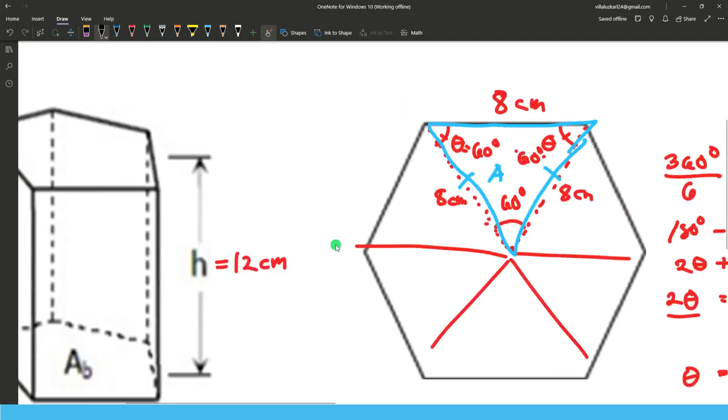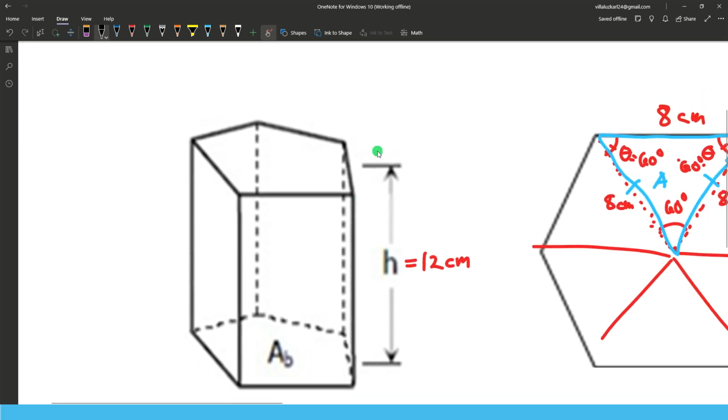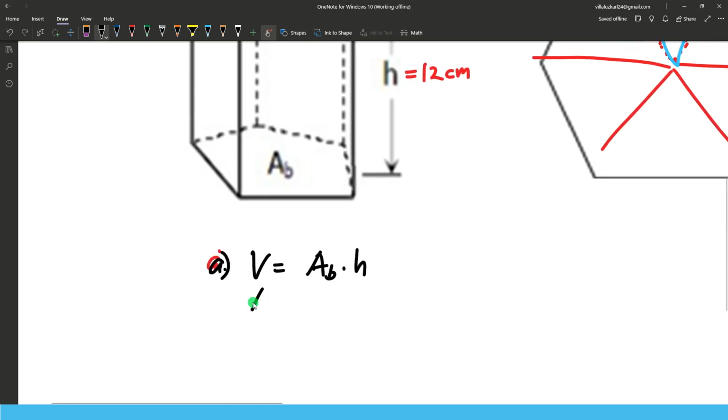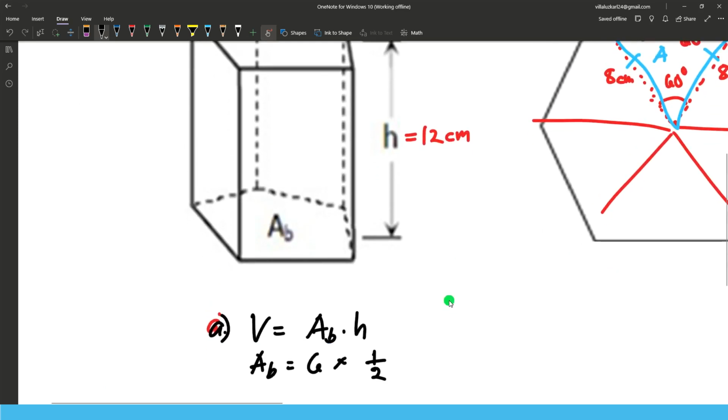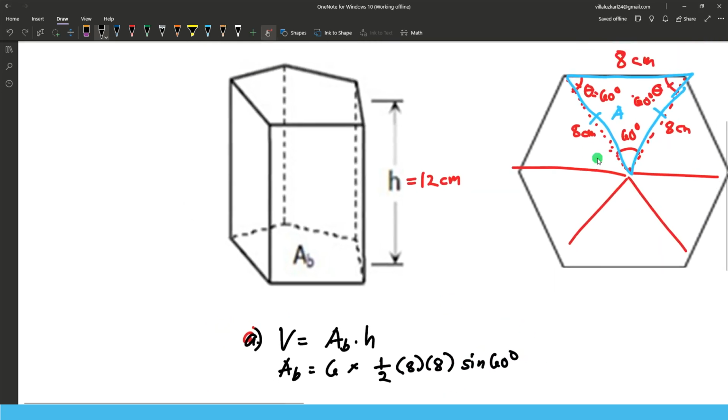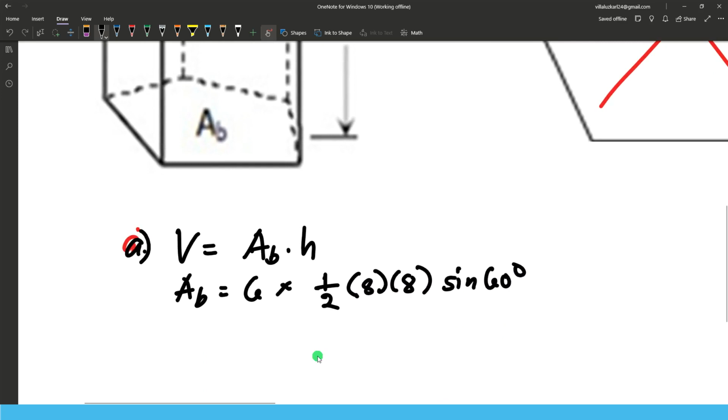So the area of the base is 6 times 1/2 ab sine theta, the area of a triangle given two sides and the included angle. So 6 times 1/2 times 8 times 8 times sine 60 degrees, where the included angle is 60.